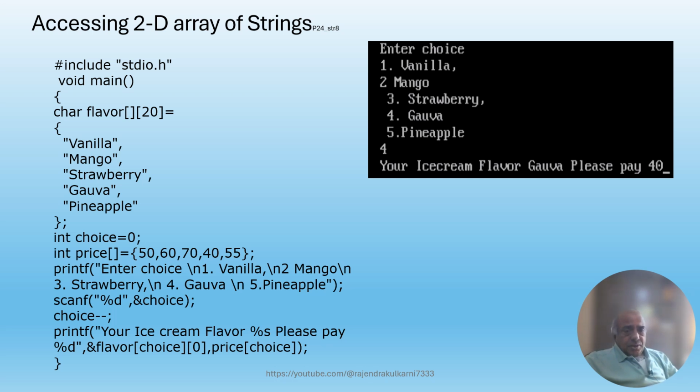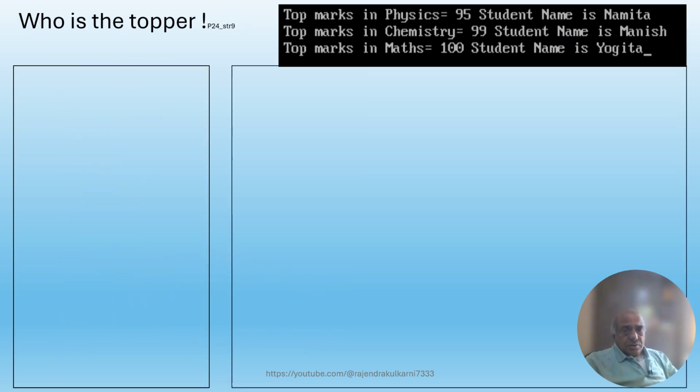And flavor being 4, which we decrement by 1 in choice, flavor subscript 3 will be 0, 1, 2, 3, which is guava in this case. So this is how we can utilize the 2D array of strings.